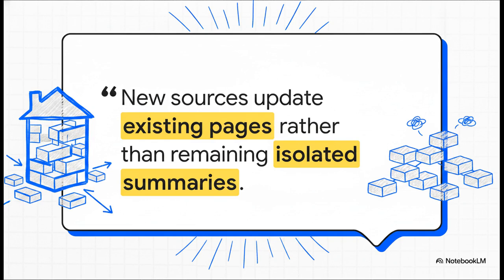But the Karpathy LLM Wiki means you are building a fully maintained house. Every single time you add a new paper, the knowledge base progressively enriches itself. It updates the core concepts. It doesn't just toss another isolated file onto the pile. And that is exactly why it scales so beautifully for serious graduate research and AI engineering. It's all about that compounding effect.